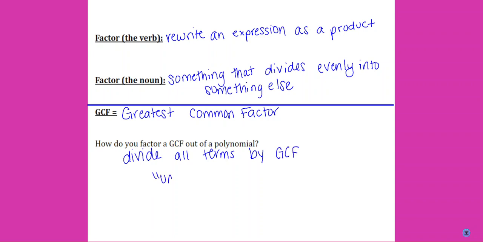I sometimes call it undistributing, because basically it's the same process as distributing, except we're dividing a term out instead of multiplying a term in. So let's look at some examples.